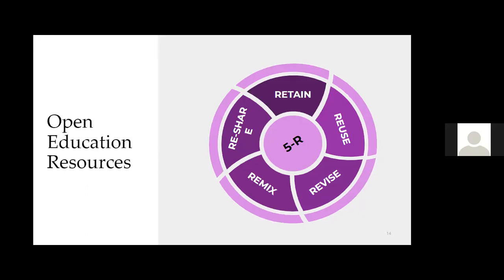In coming up with OERs, we said you can always get them in the public domain or on the internet, released under what we call an open license, which permits no cost access, no cost in using, no cost in adapting and redistributing them.